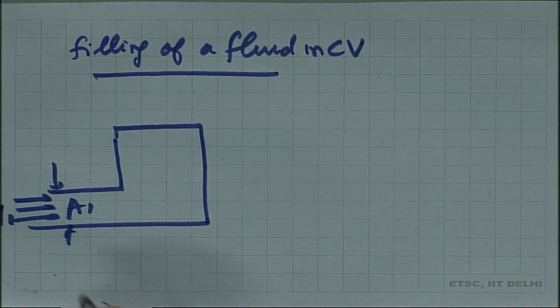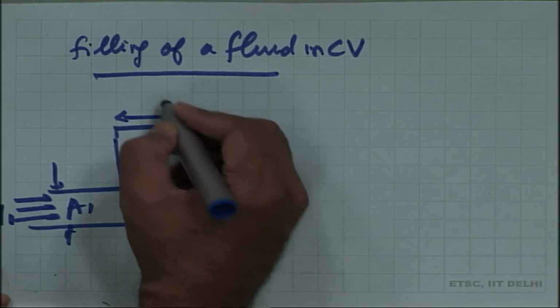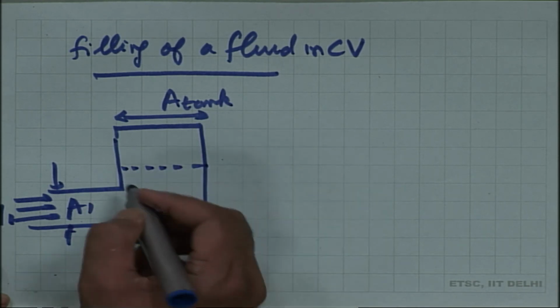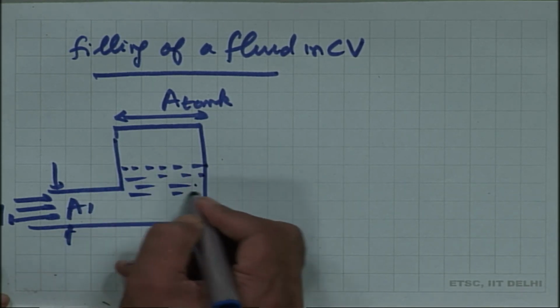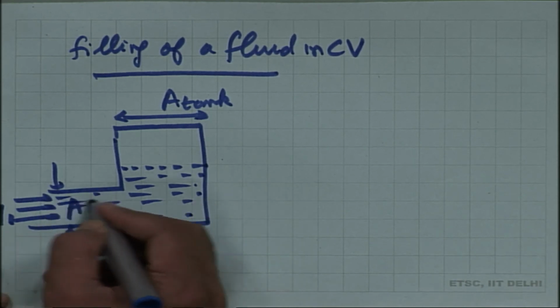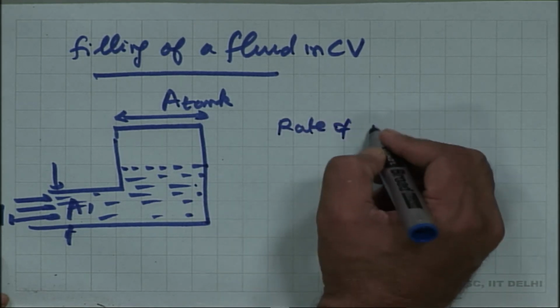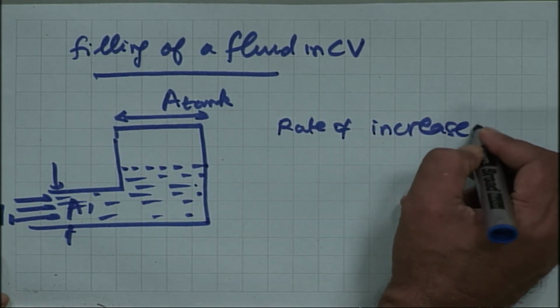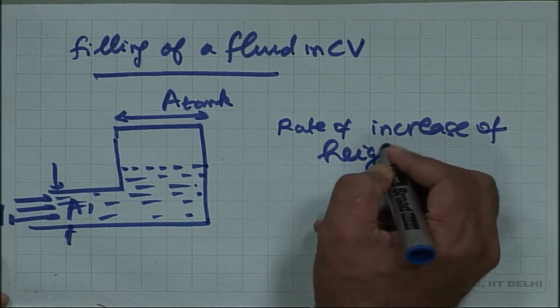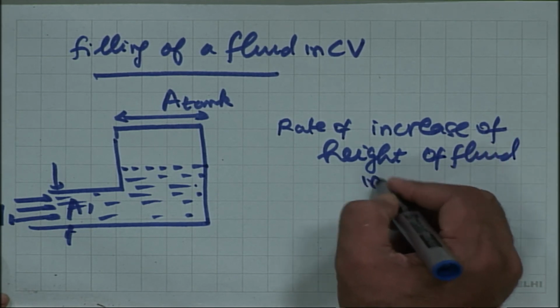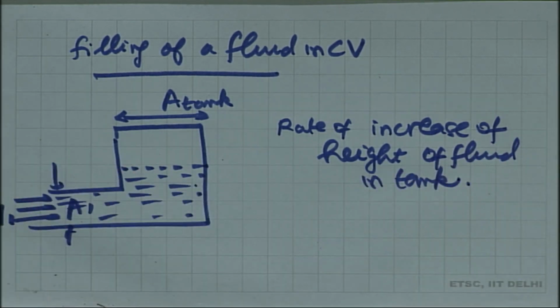The inlet area is A 1, the inlet velocity is V 1, and let this be the area of the tank, and so we have fluid which is being filled in the tank. So, we have to find the rate of increase of height of fluid in the tank. It is sort of fairly obvious to some of you who would have seen this.